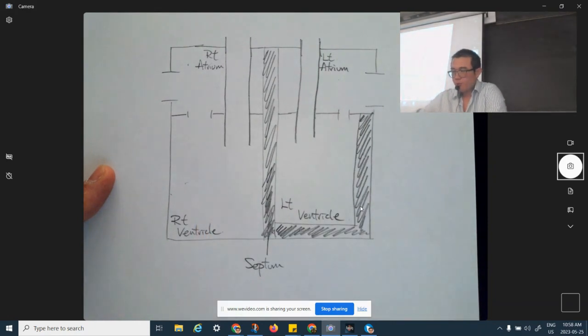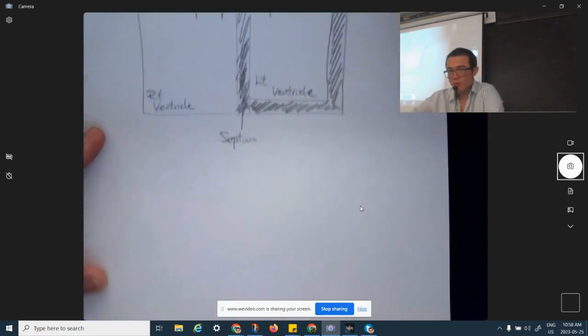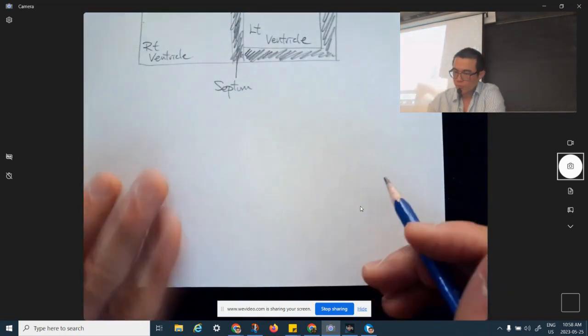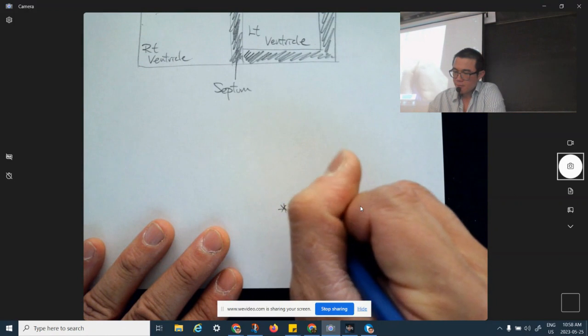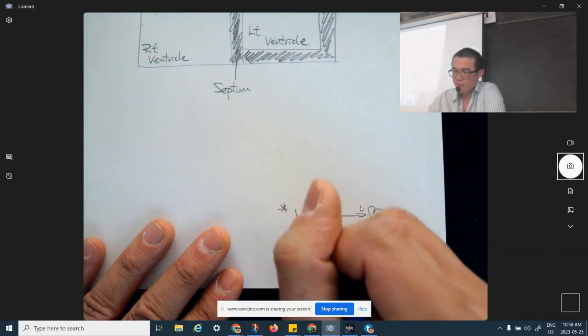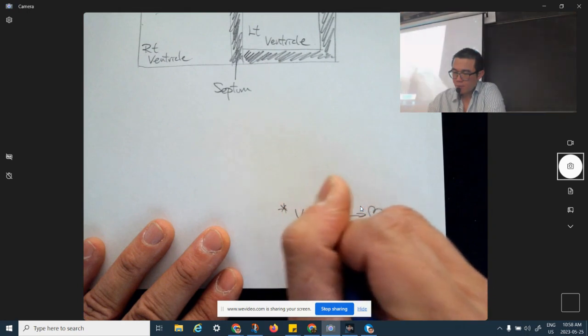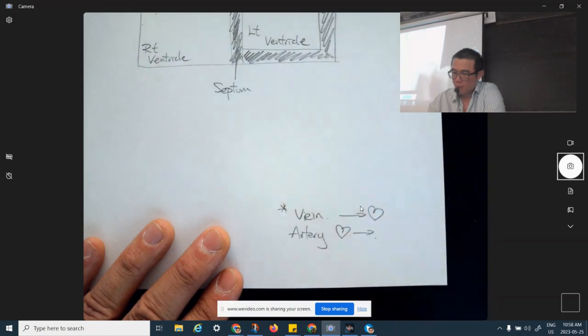Now, just a reminder, I'm going to use color coding as well as a little legend on the bottom down here, because there's more room. Keep in mind, veins carry blood back to the heart. Arteries carry blood away from the heart. Okay.